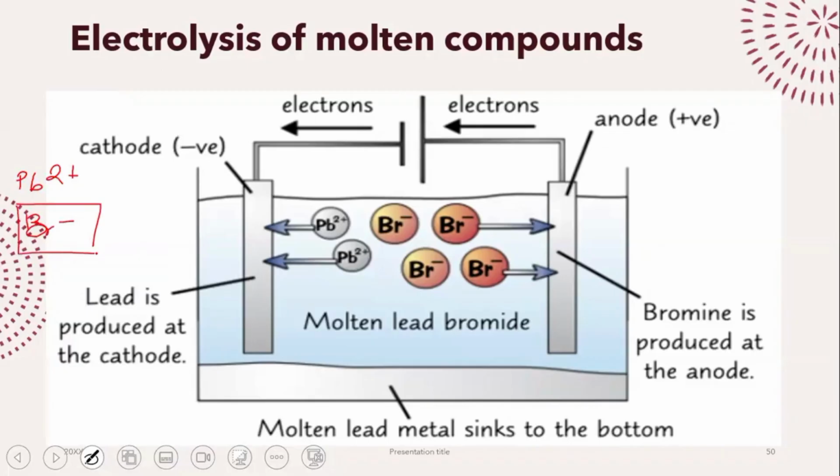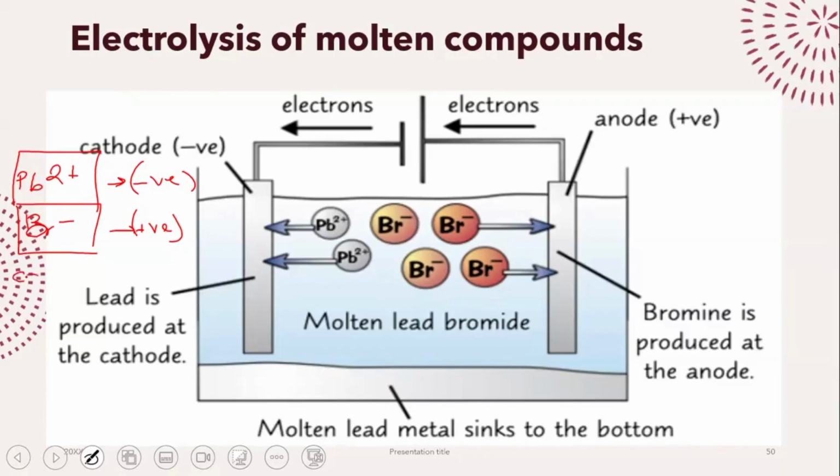Now, what is going to happen is this: your lead ions are positive, which means that they will be attracted to the negative electrode. Bromide ions are negative, which means that they will be attracted to the positive electrode. Now, one thing that if you guys remember, it's going to make it much easier for you guys to solve any questions on this topic.